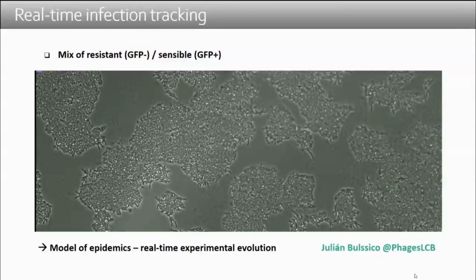But it also allows you to do real-time experimental evolution, because if you look closely, here you have one green cell remaining, and this one cell will further develop. So you can play with evolution and viral adaptation in real time.